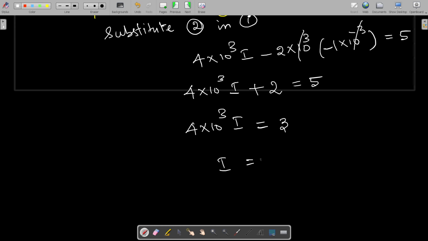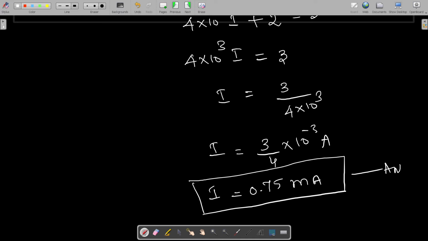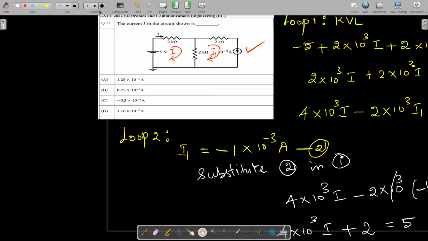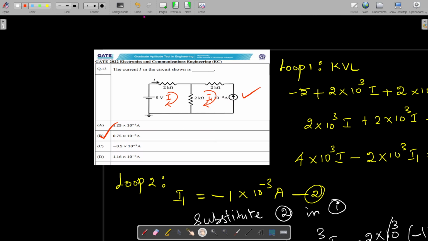So I is equal to 3 divided by 4 into 10 power 3, which is 3 by 4 into 10 power minus 3 amperes, that is 0.75 milliamps. So this is our answer. Now when you refer to your problem, the answer is here: 0.75 into 10 power minus 3 amperes, or 0.75 milliamps. Hope you have understood. Thank you. See you again.